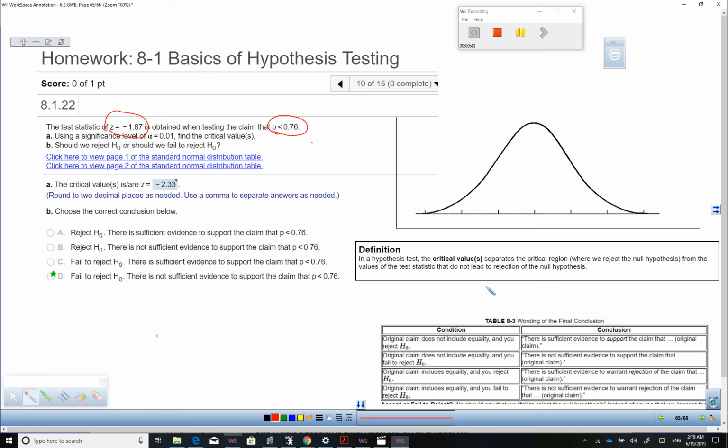A critical value is a score, a point here on the number line that separates the critical region where we reject the null hypothesis from the values of the test statistic that do not lead to rejection of the null hypothesis. So basically alpha, which in this case is 0.01, determines the critical value.